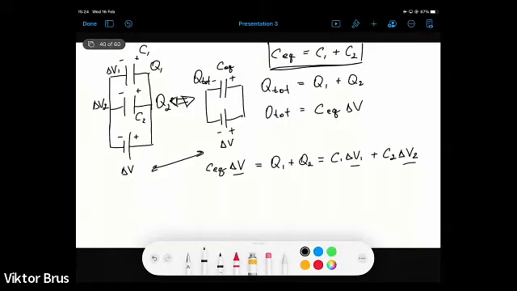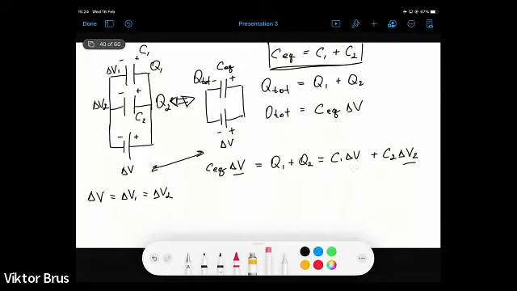What is nice about parallel connection of capacitors? The potential difference between plates of each capacitor and the terminals of the battery will be the same. Means that delta V is equal to delta V1 and is equal to delta V2. So we can actually substitute delta V1 and delta V2 with delta V. So let us do it here.